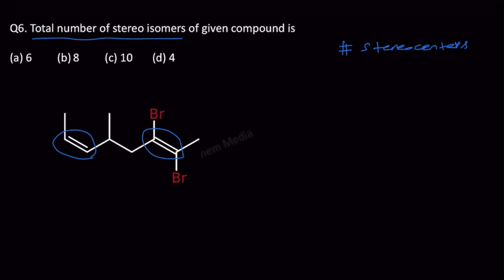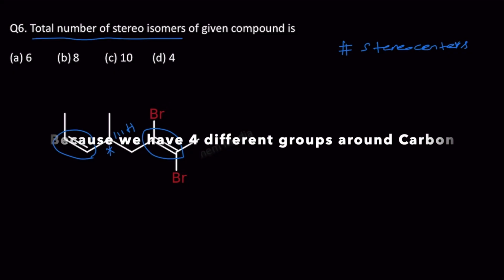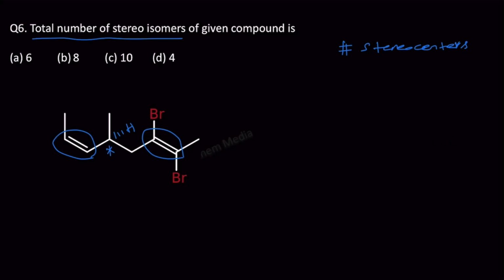So therefore, stereocenters due to double bonds is 2, and also we have a chiral center here, because that carbon is connected to a methyl group, a methylene unit, this entire unit, and there is a hidden hydrogen, and therefore this is a chiral center. So the total number of stereocenters in this case is equal to 3.